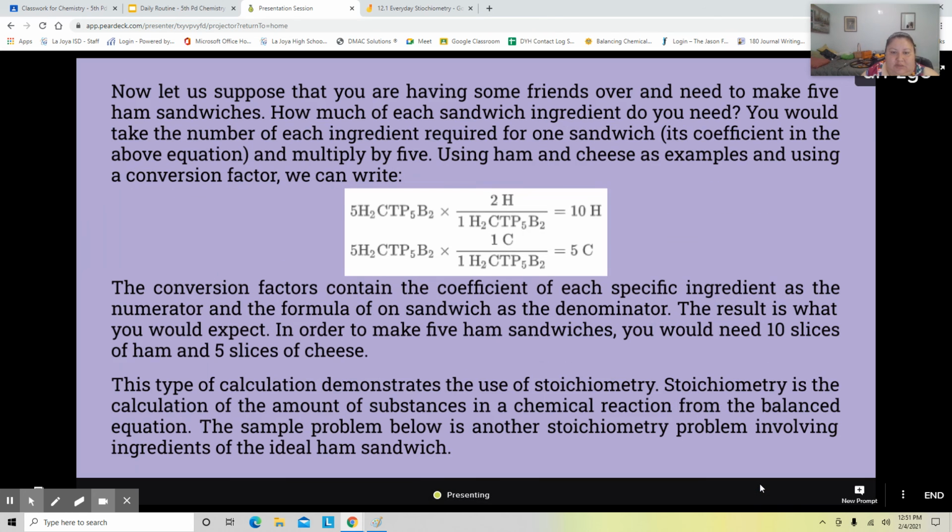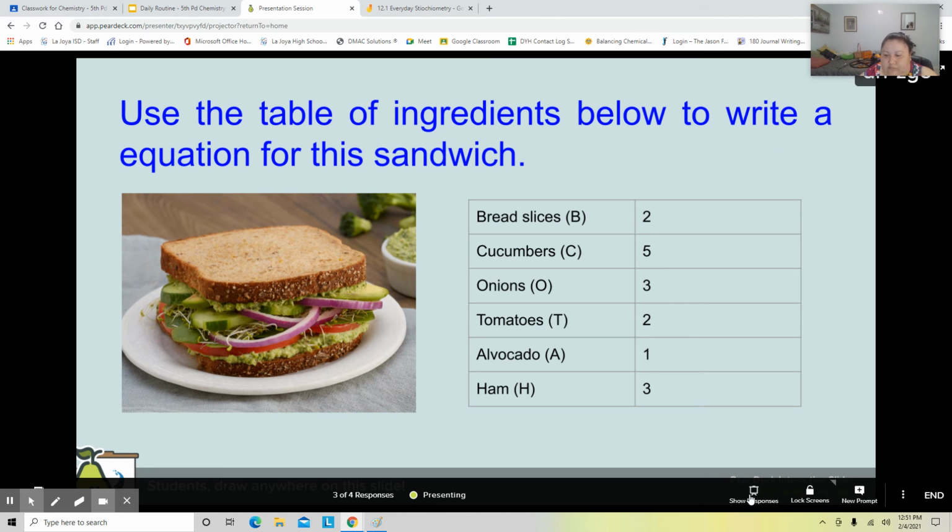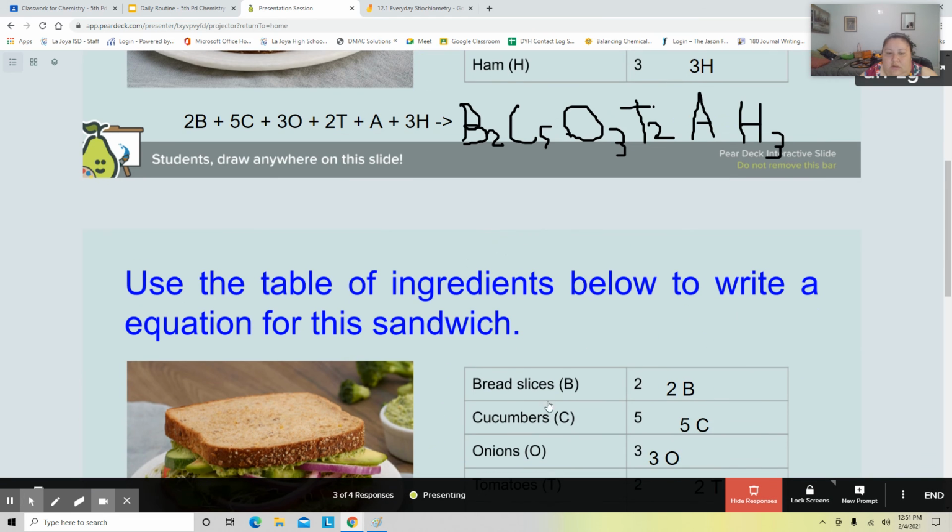Okay, so let's go back to the last reaction. Let's look at the numbers. According to this reaction, how many onions and how many cucumbers? Can somebody write it in the chat? How many onions, guys? 3 onions, right?